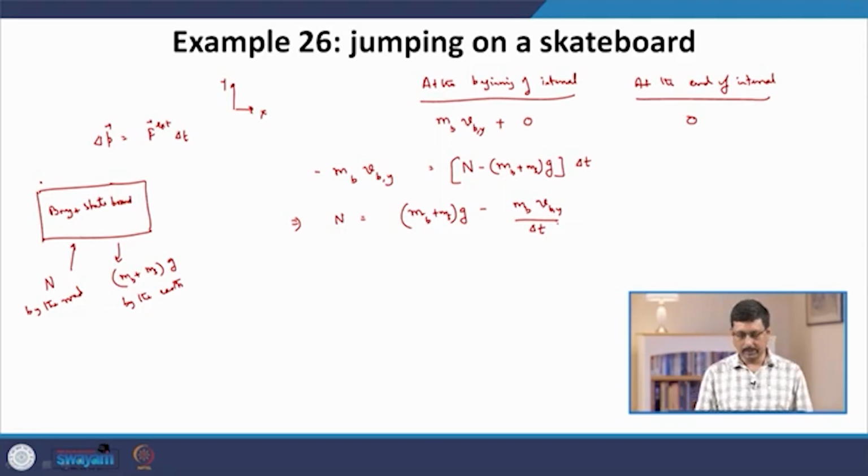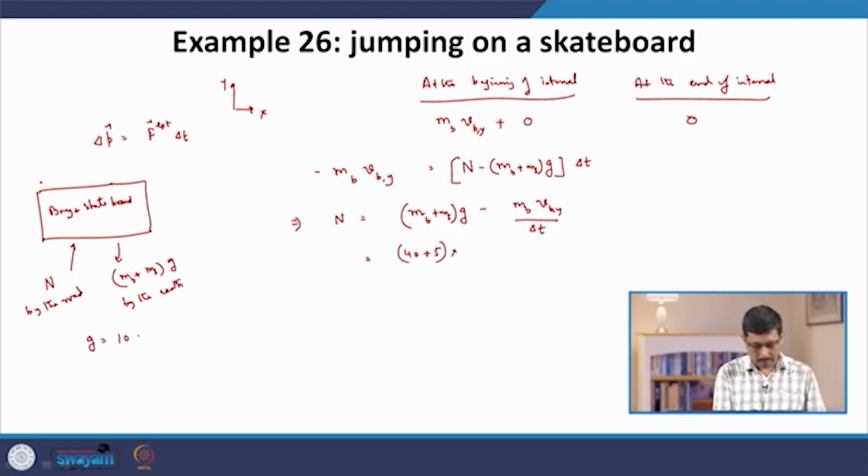Now let us plug in the numbers. So, this is 40 plus 5 into, I am going to assume that g is 10 meter per second square. So, this is kg, kg comes from here, meter per second square, which is Newton, and then the boy's mass is 40 into the speed, so vby.